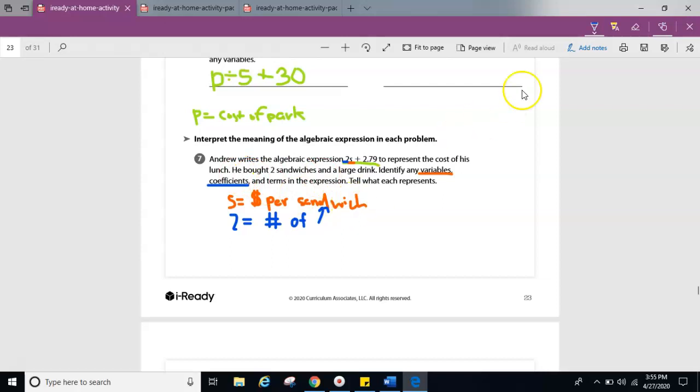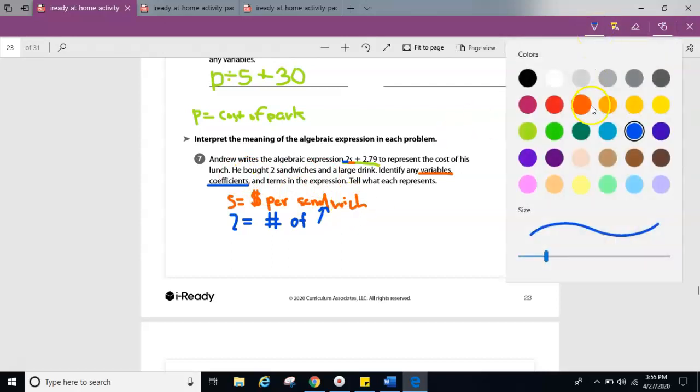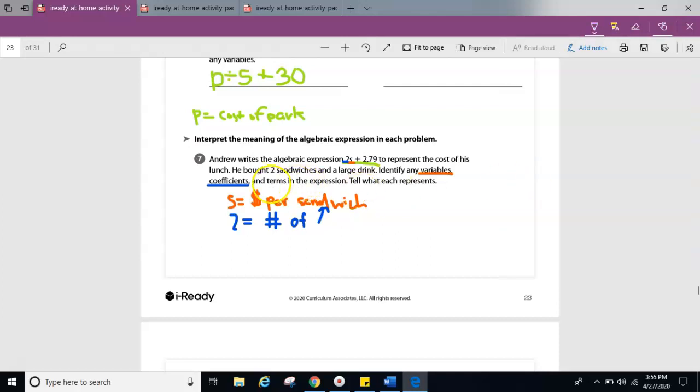And then the rest of the terms in the expression, so the last number here, would be 2.79. We've already said that he bought 2 sandwiches, so we got this one down. I will go ahead and color code this as well.